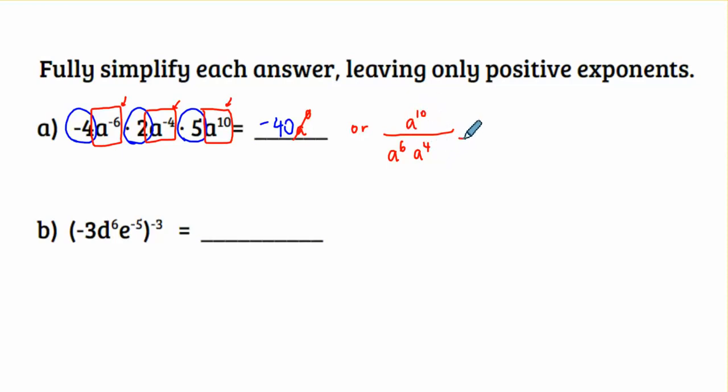And then you can say, well, a to the 6th times a to the 4th is a to the 10th, which actually matches what we have on the top, and they cancel out. Either way, you're going to see that the a's are gone now. And this -40, that is your final answer. So you choose your method, but the answer should have been -40.